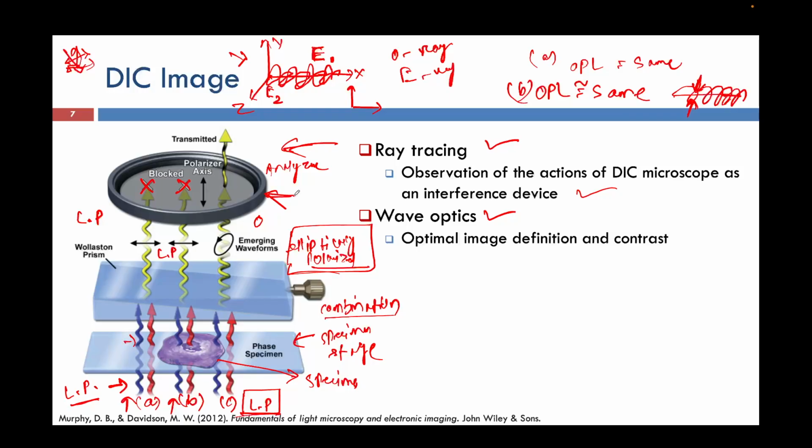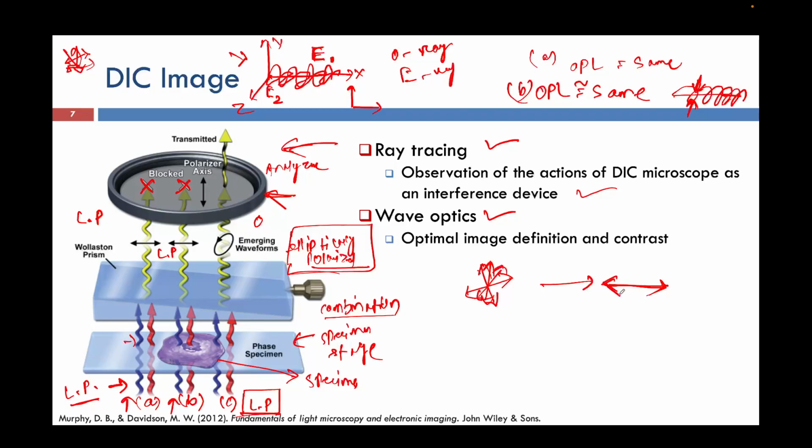What I am saying is, let's say I have my resultant electric vector in such a way that it looks like this, and I have placed my analyzer in this way.